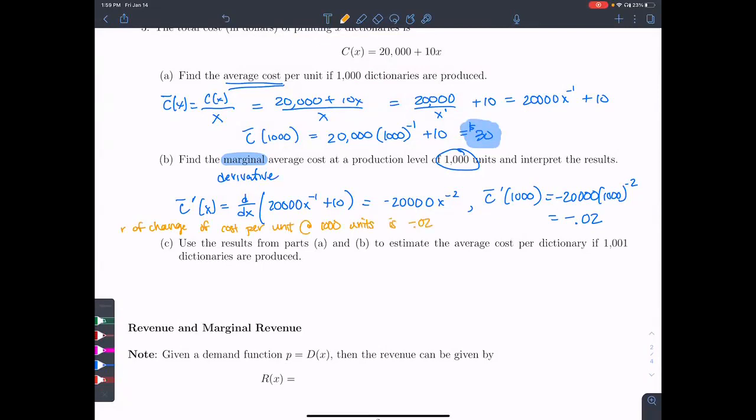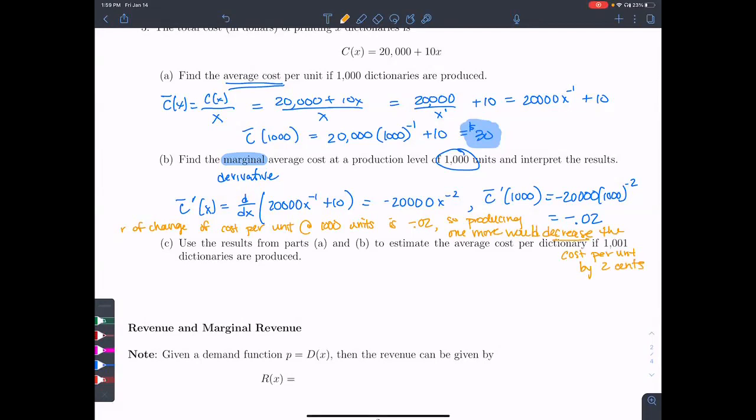So producing one more would decrease the cost per unit by 2 cents. Which if you're making a lot is a lot, right? Decrease the cost per unit by 2 cents.